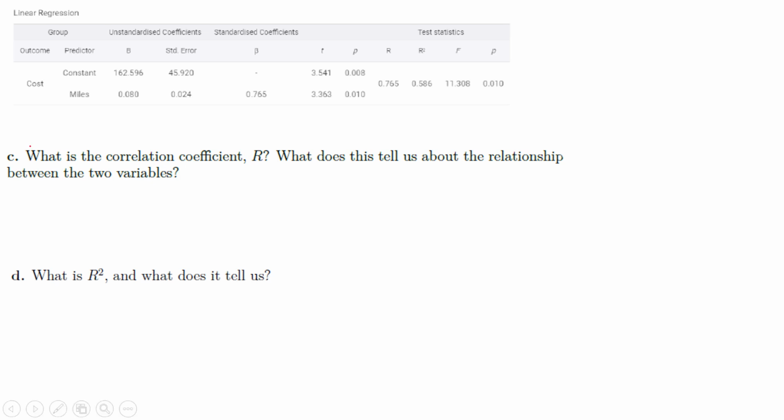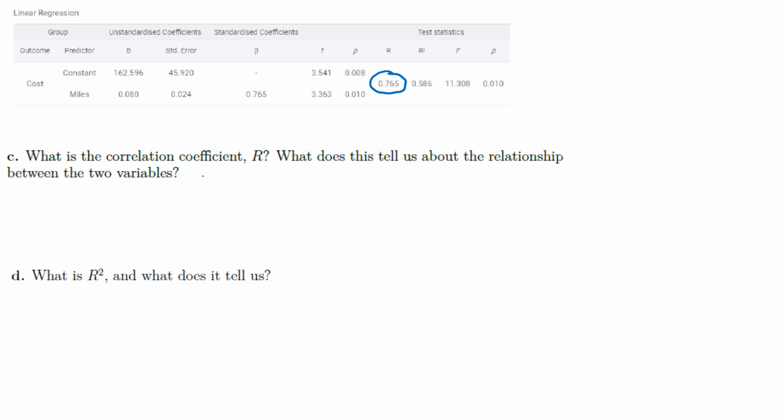So part C asks us, what is the correlation coefficient, R? Remember, we find that one right here, and what it tells us is the strength of the relationship and whether it's positive or negative. Values in the 0.7s, maybe you'd call moderate.